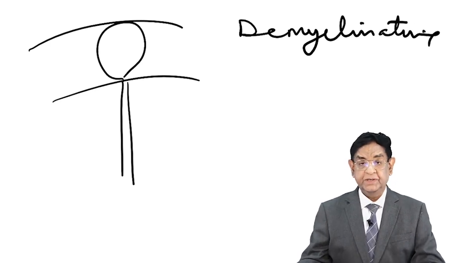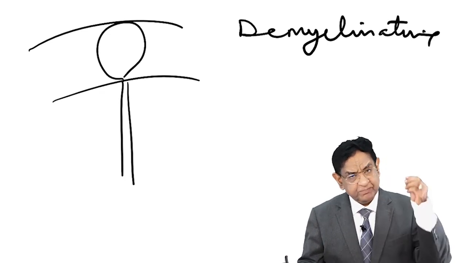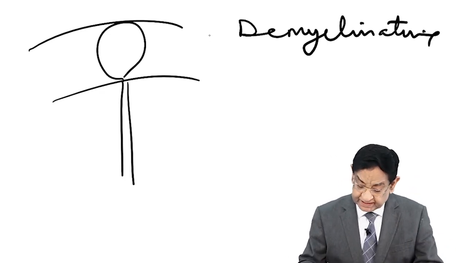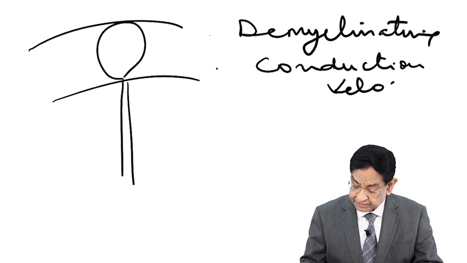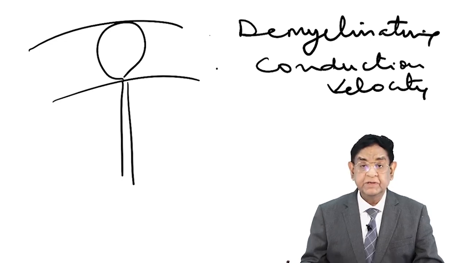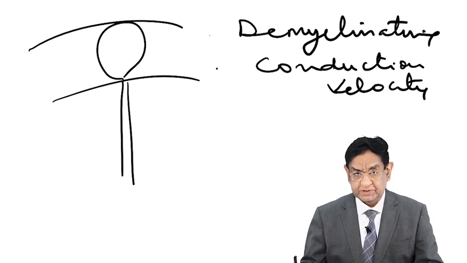Demyelination, right? So definitely when the myelin sheath is gone, one feature will be that conduction velocity will reduce. Very obvious. This is a classical feature that we will get in multiple sclerosis.